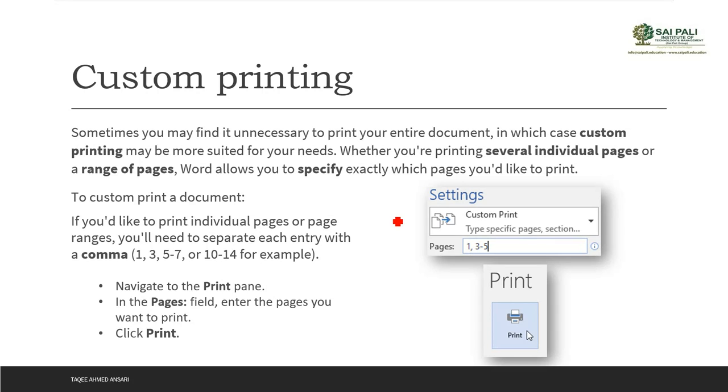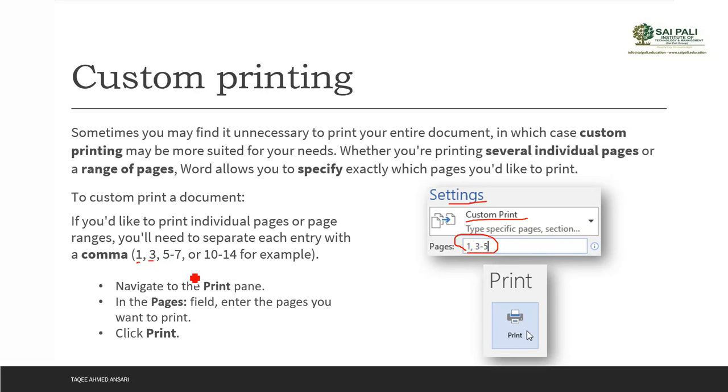If we want to use this custom printing option, from the same print pane, in the settings, we have this command to select the custom print. From there you can select the custom print and then mention what you want to print. When you are mentioning the page numbers, if you want only some particular pages, like page number 1 and page number 3, you mention it like this: 1 comma 3, and so on.